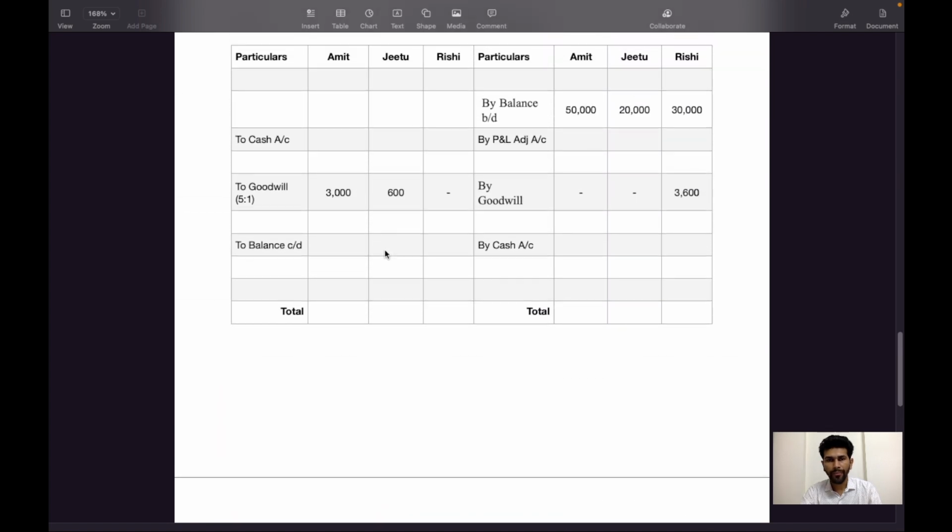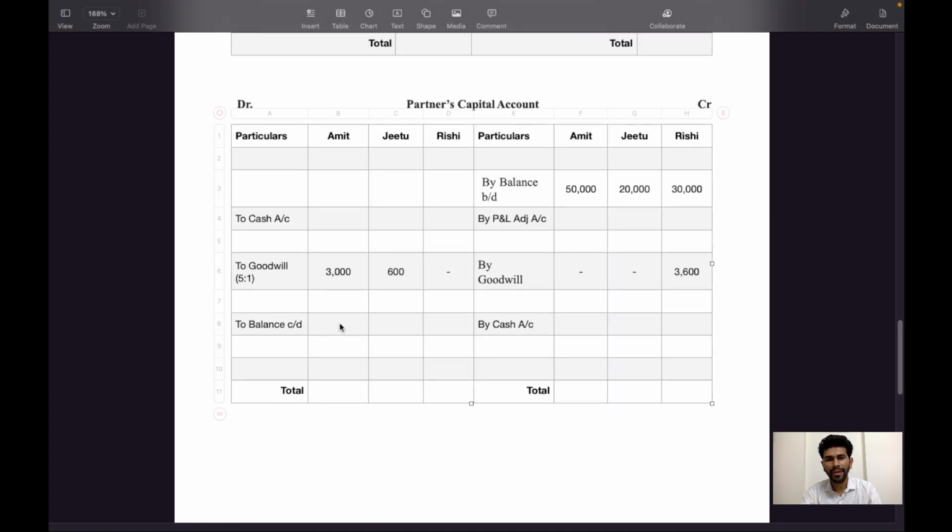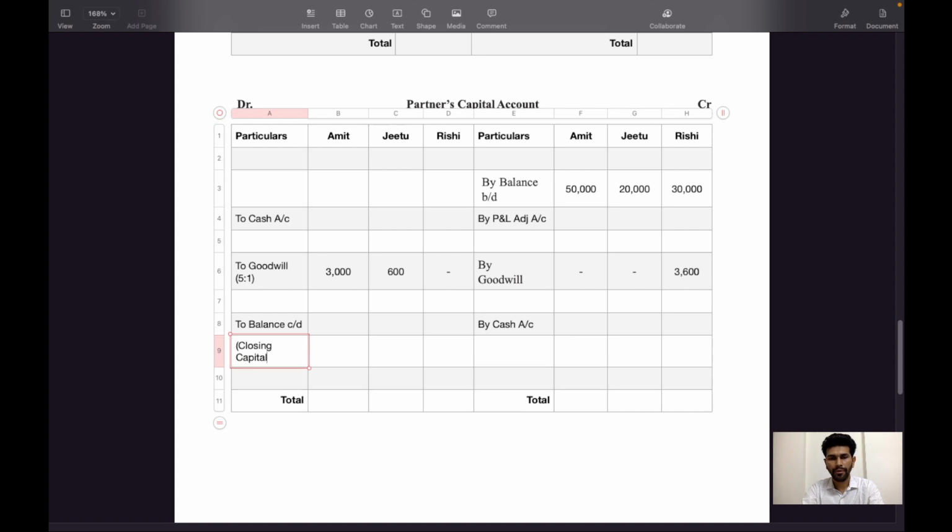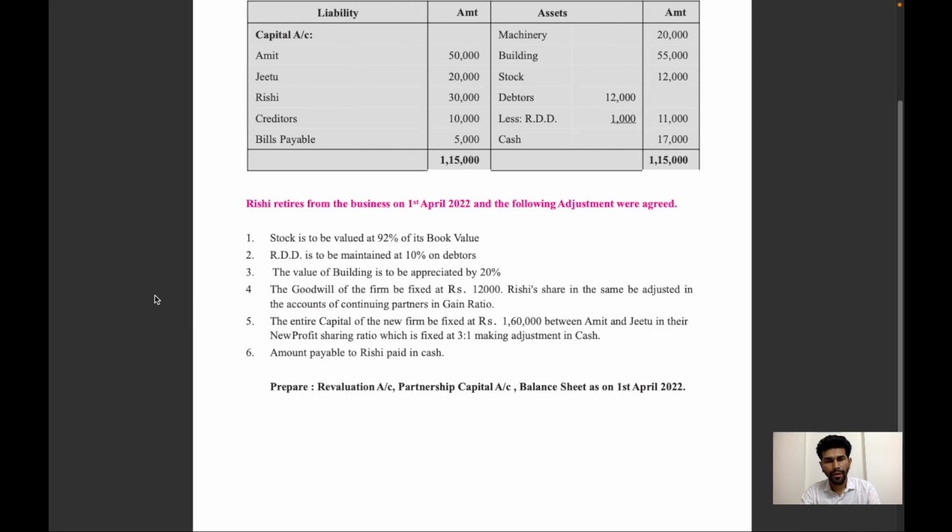Second effect will be partner's capital account debit side, by balance carried down. This is the closing balance of capital: 1,20,000 rupees Amit and 40,000 rupees Jitu, nil for Rishi, and it is said that balancing amount will be adjusted in cash.